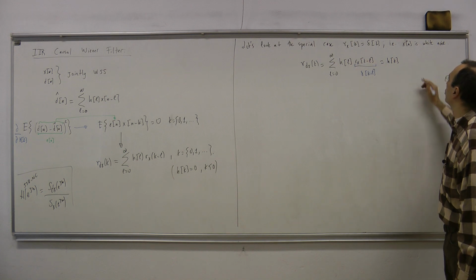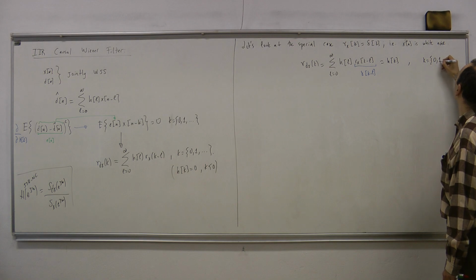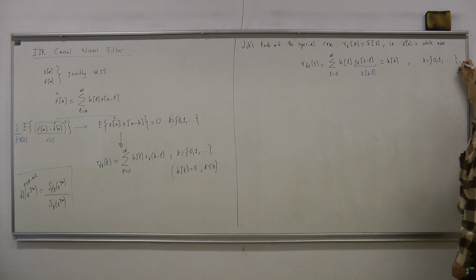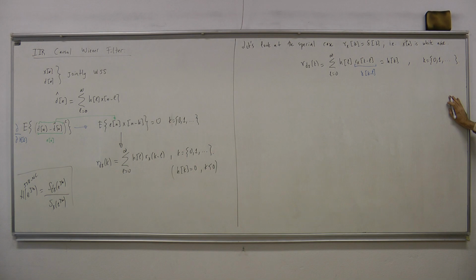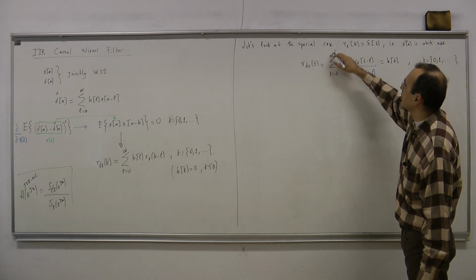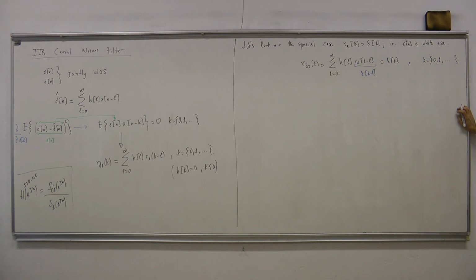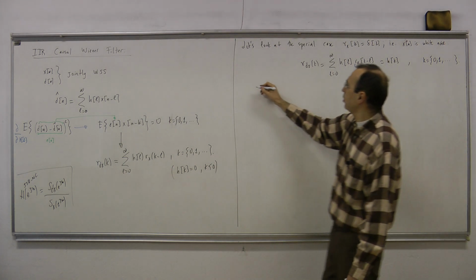Provided, of course, that k is in this range. For example, if I select k as 5, there is L equal to 5 in this range, so I get this. So it's very nice.